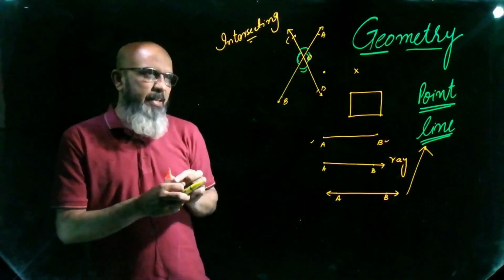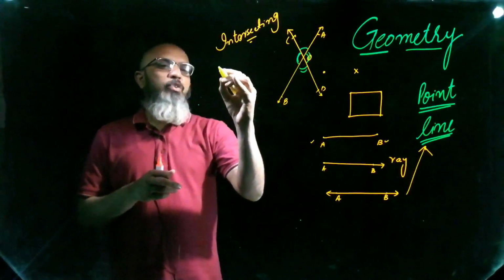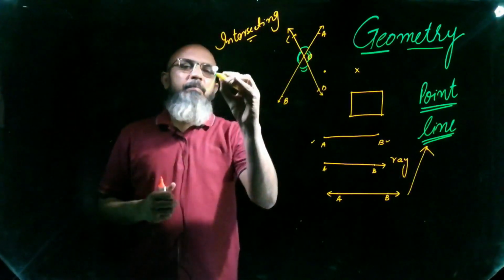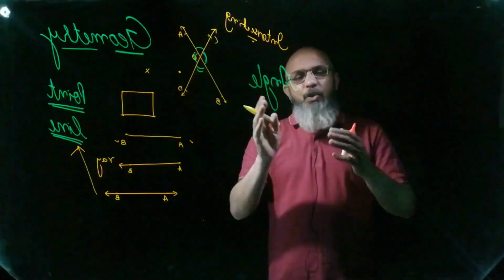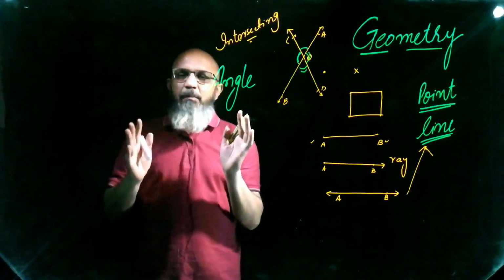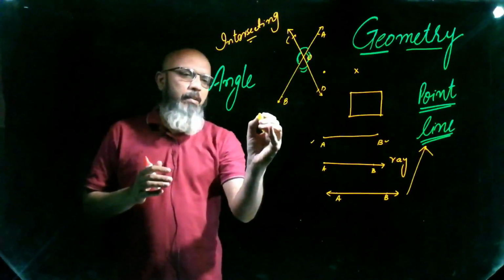So now come to the next thing, that is angle. So what is an angle? An angle is a combination of two rays.